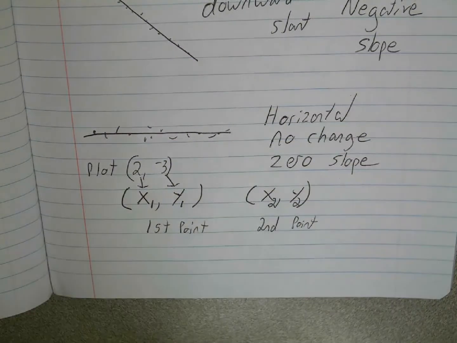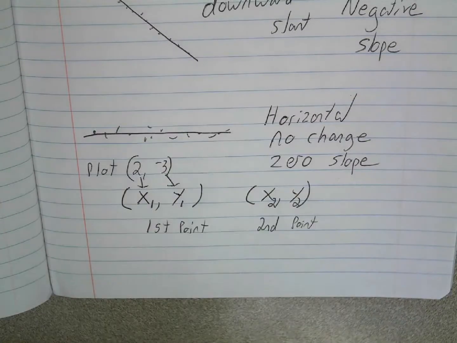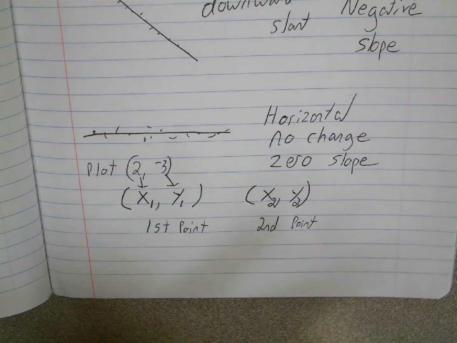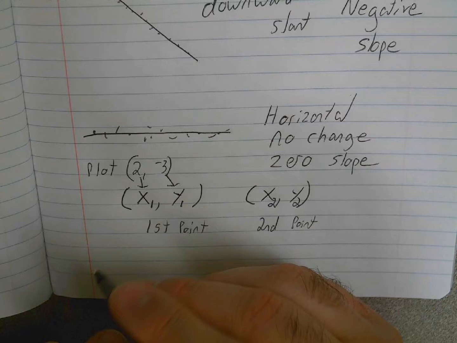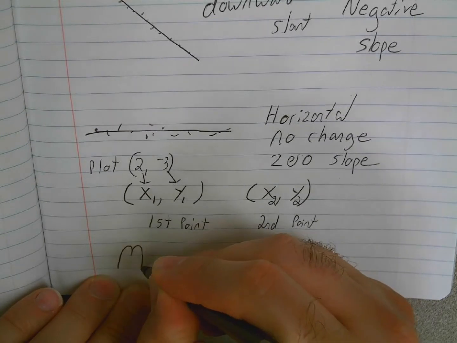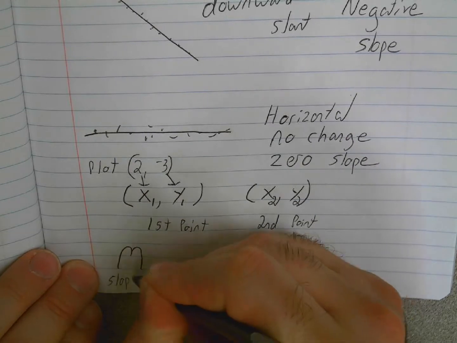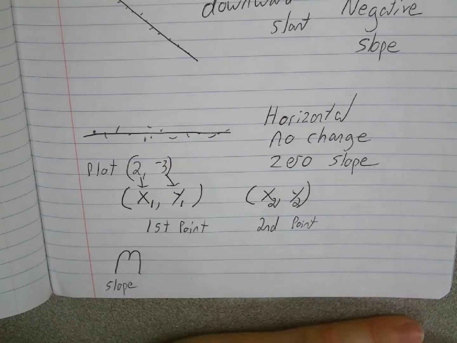So my slope is unknown. When it's unknown, we use a variable. So for the rest of your lives, in math, in Algebra 1, Algebra 2, that letter M, lowercase, will represent our slope. So the letter for slope will be M.